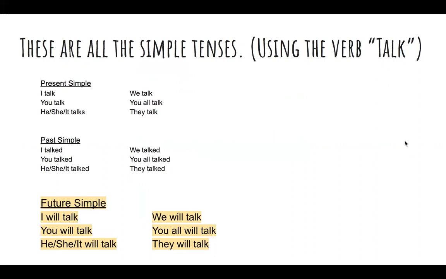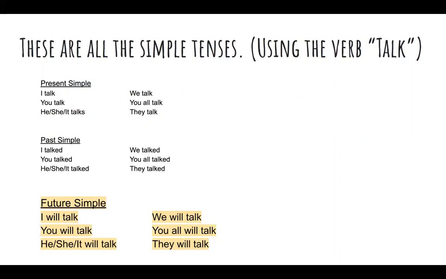So this is like if it's tomorrow, right? I will talk tomorrow. In the past simple, like I talked yesterday. For the present simple, I talk now. Okay, these are all the simple tenses for the verbs.